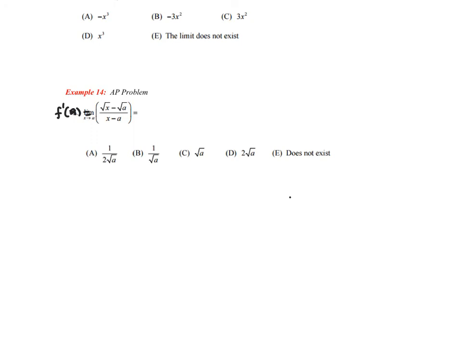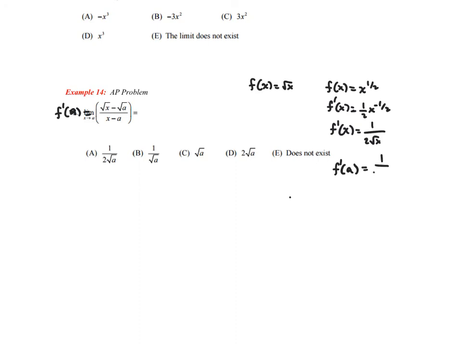So if I can identify f of x, which I can, square root of x, and then identify the derivative, consider that f of x is equal to x to the 1/2 power in that power rule form. Then f prime would equal 1/2 x to the negative 1/2, which is equivalent to 1 over 2 square root of x. So f prime at a would equal 1 over 2 root a. And there you have it.